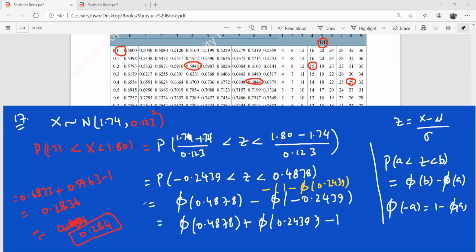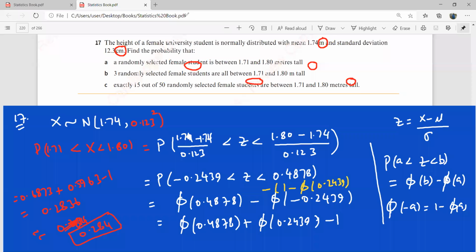That is the probability. This is the answer to this part A. And let me write this answer here so that we can use this for the upcoming parts. So this answer over here is 0.284, the answer to part A.